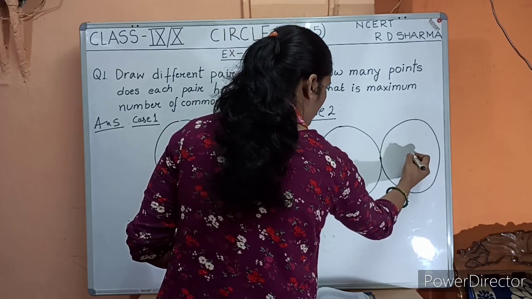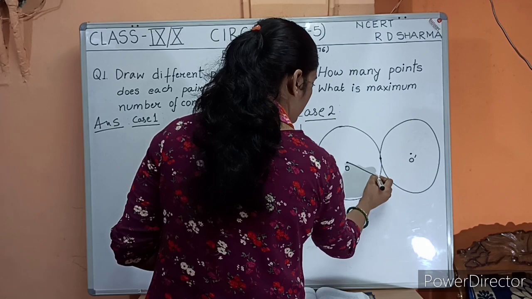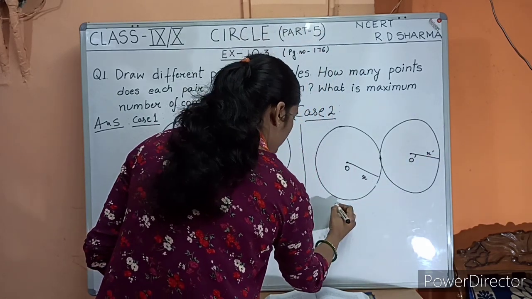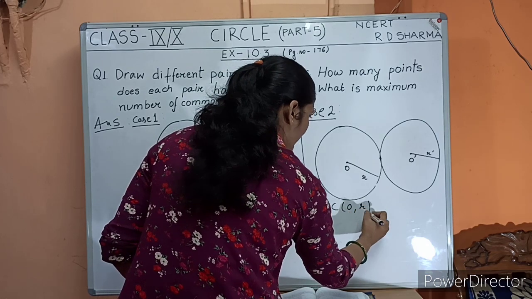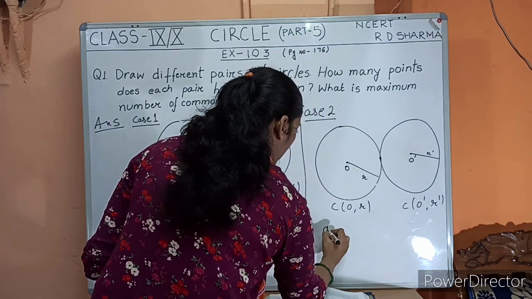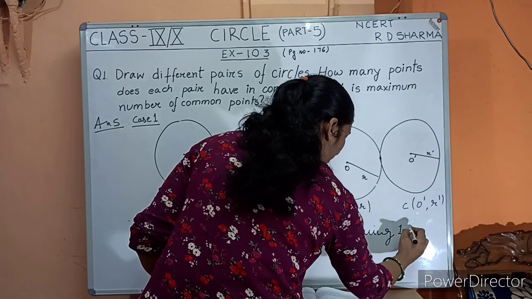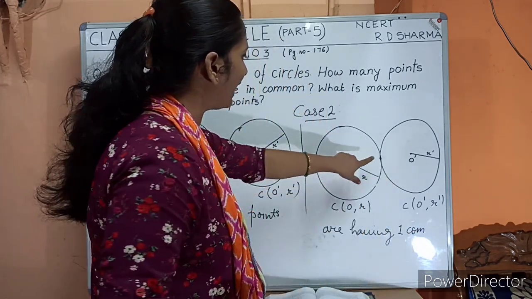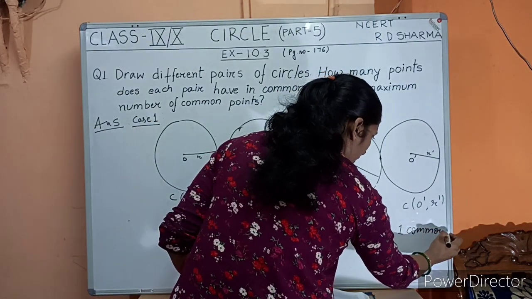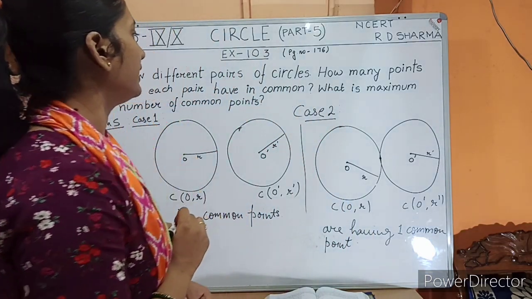Suppose its center is O, the other center is O dash, this is R, and again here we need to take R dash. Then this circle O, R and the circle O dash, R dash are having one common point because they are touching at one place. So we will write here: it is having one common point. So this is our case 2.